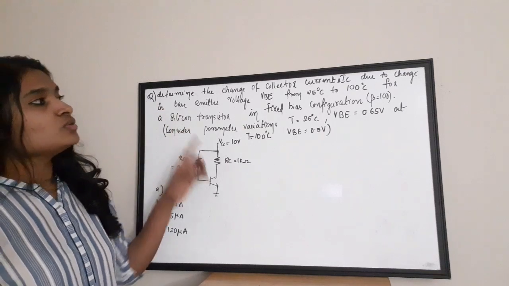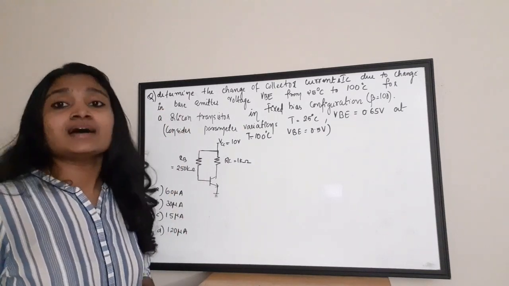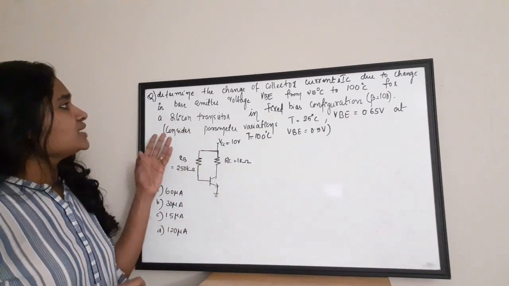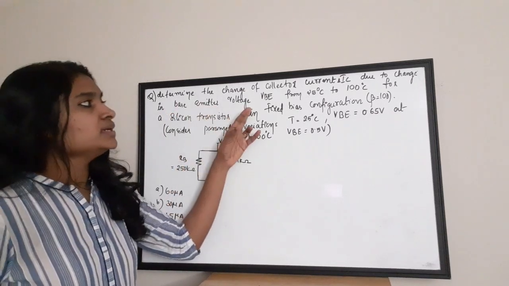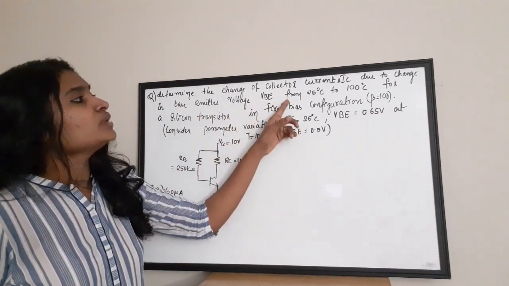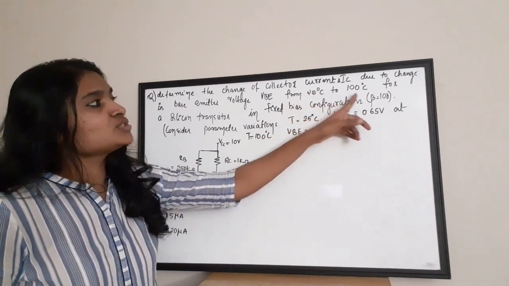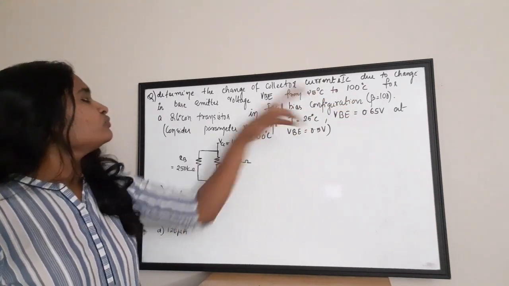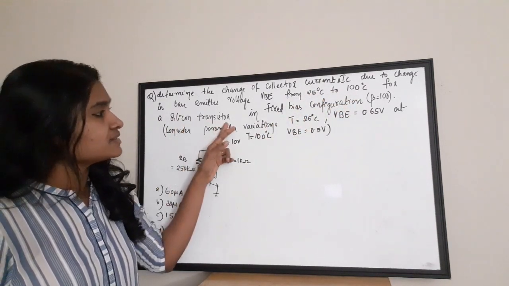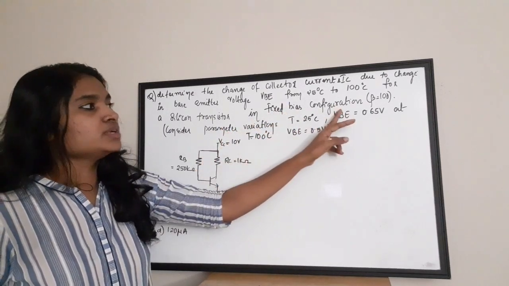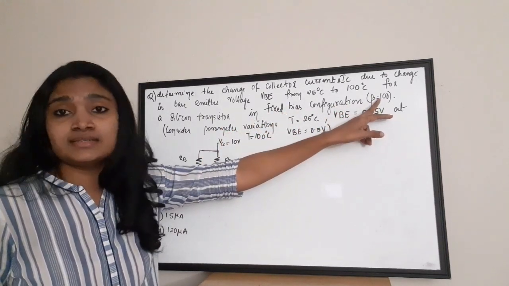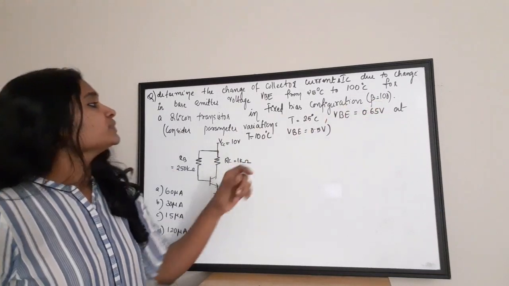Determine the change of collector current delta IC due to the change in base emitter voltage VBE from 25 degrees Celsius to 100 degrees Celsius for a silicon transistor in fixed bias configuration, given that beta is 100.